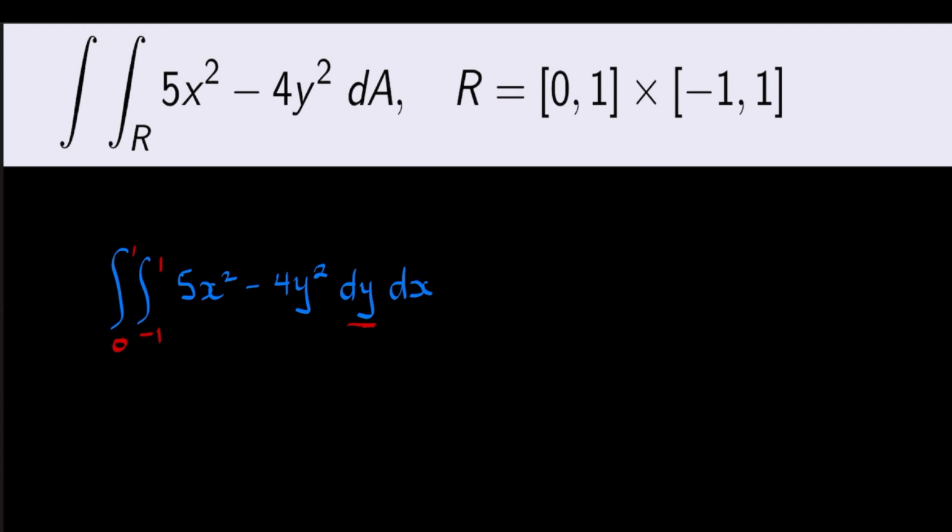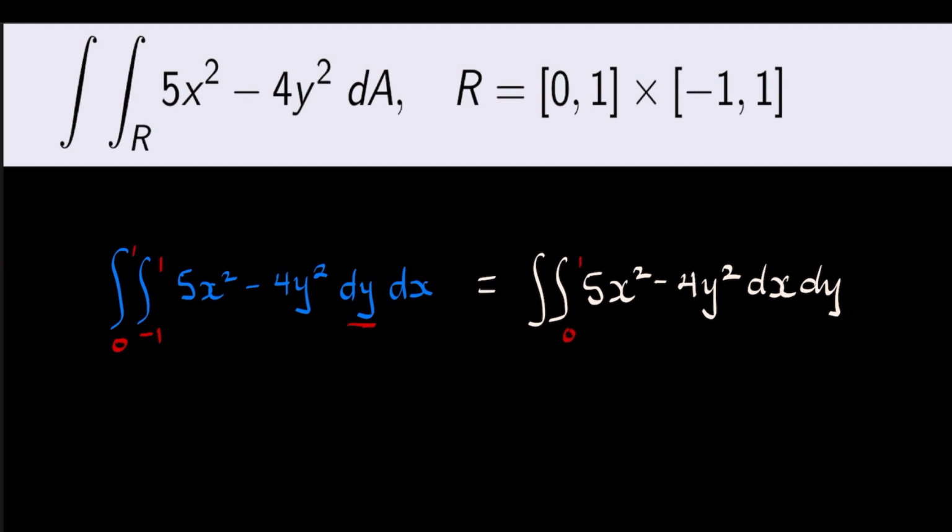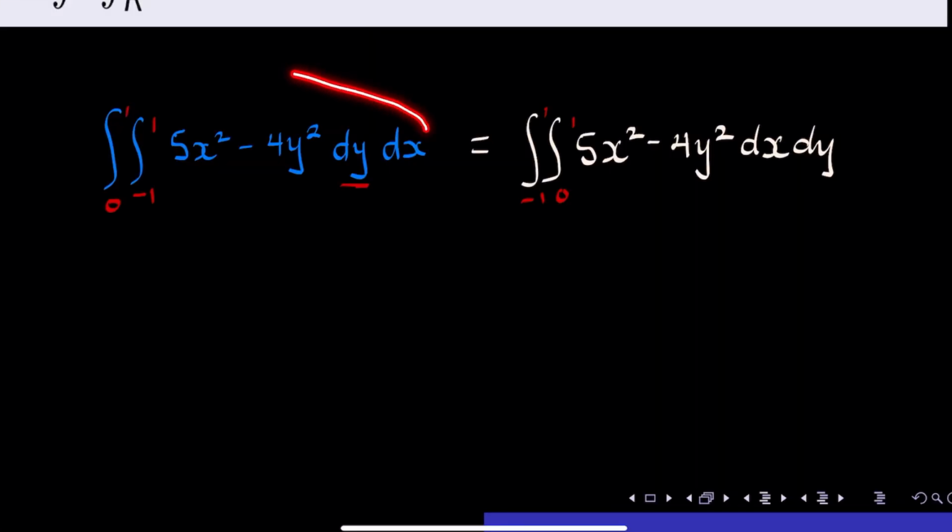Or one may also choose to integrate with respect to x first. In that case, we are going to have the double integration 5x squared minus 4y squared, then dx dy. So here, since we are integrating with respect to x first, here will be 0 to 1, then -1 to 1. In this question, we are going to use the integral on the left hand side to compute our integral.